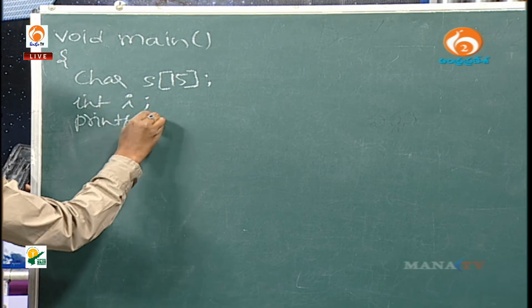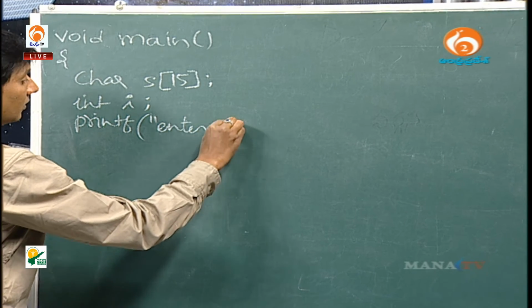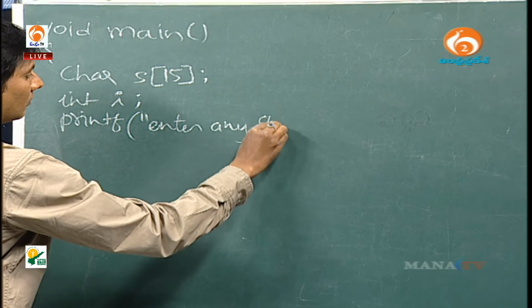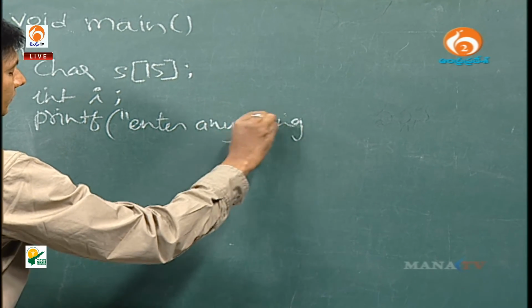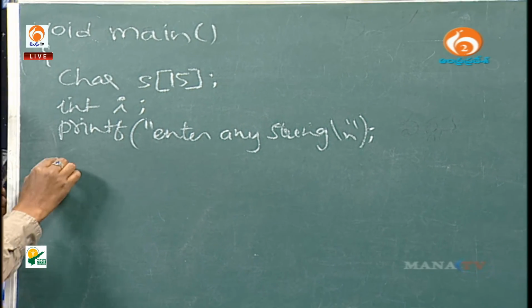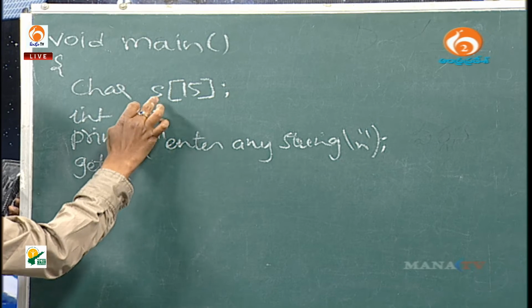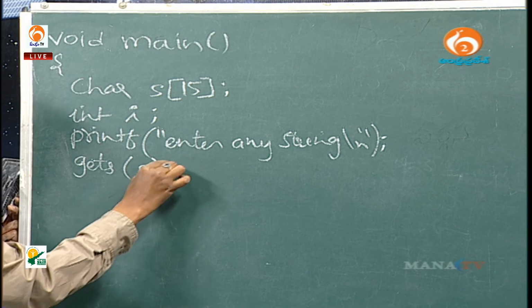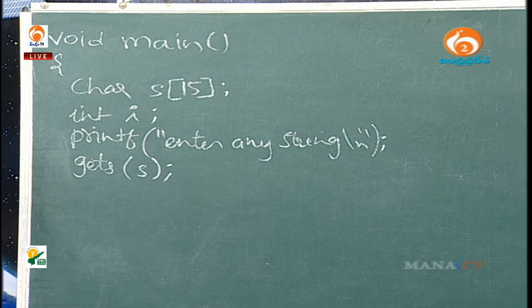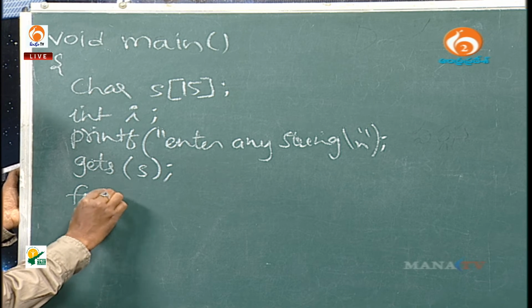Here I am writing printf, enter any string, \n. Next, gets of the name of the array, that is s. Once it is read, I am now doing the display without using printf.